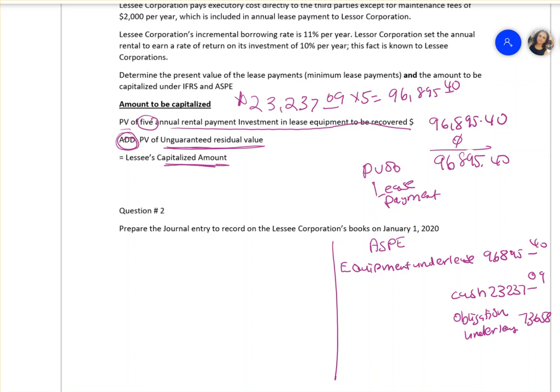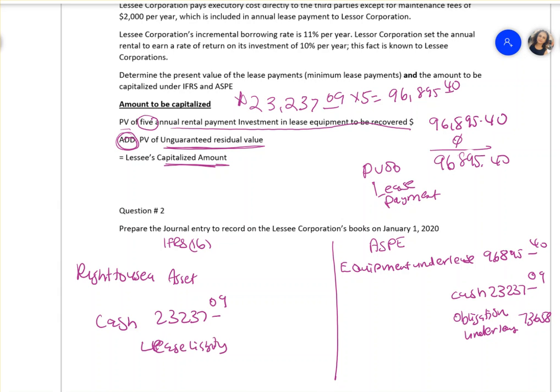Then we are going to go back here. You're going to do your debit, your right to use an asset. So that's your IFRS, and they follow the IFRS 16 rule. So debit the cash. Your cash is going to be 23,237 and 09, and then you have a lease liability.